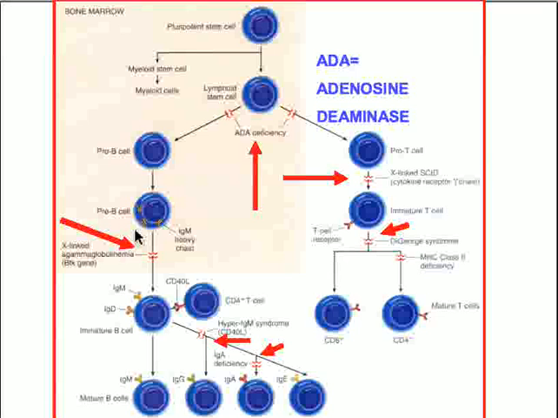On the B side of the tree, let's say we had a defect which involved the lack of differentiation from a pre-B cell into an immature B cell. If that was the case, the defect would be at this level, and that is X-linked agammaglobulinemia. This is Bruton.